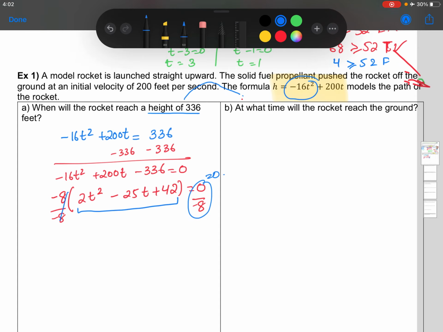Now I want to factor this. Again, how many terms are there? 3 terms, right? How do you factor? The leading coefficient is not 1, so it's going to be the AC method. So I need 2 numbers that multiply to positive 84 and add to negative 25. They are negative 21 and negative 4. So you're basically splitting this middle term into those 2 factors.